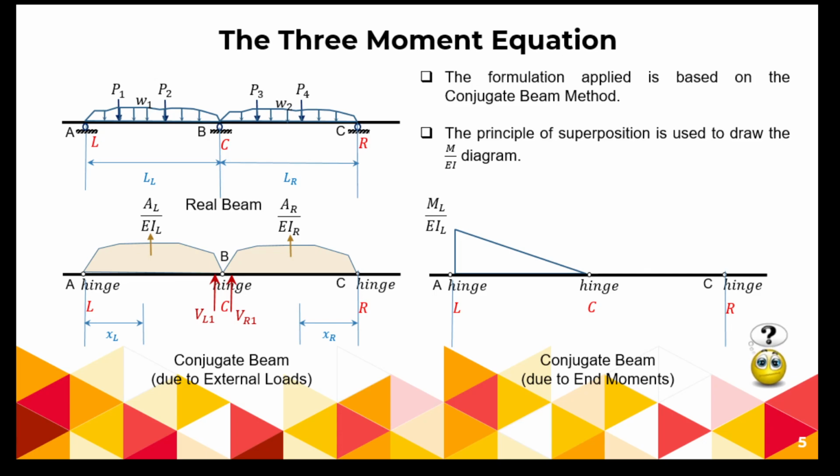Next, how about the moment value at the center? Again, class, si linear 3-moment equation, you are going to consider each span as a simply supported beam. So, kung simply supported beam here, amo ning aton nga value sang moment. Now, for this left to center nga span, simply supported na siya kuno.